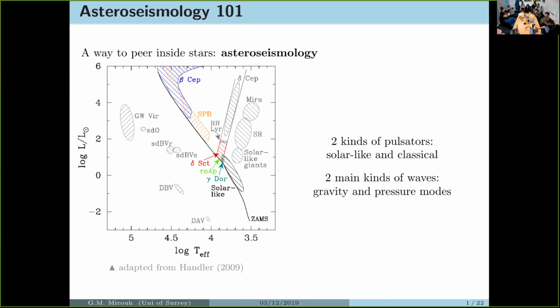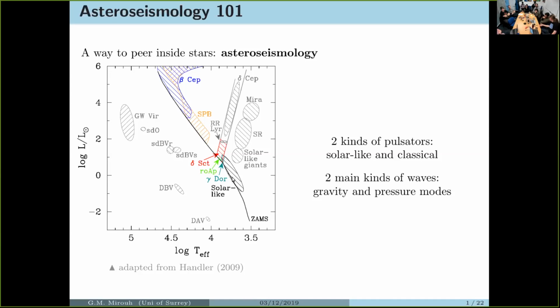In all these stars, you have two main kinds of waves. Gravity modes that are not gravitational waves, obviously, they're buoyancy modes. And you have pressure modes that are simply sound waves, acoustic waves. On the plot on the left, the direction of the strikes through the domains here show which kind of wave you have where.